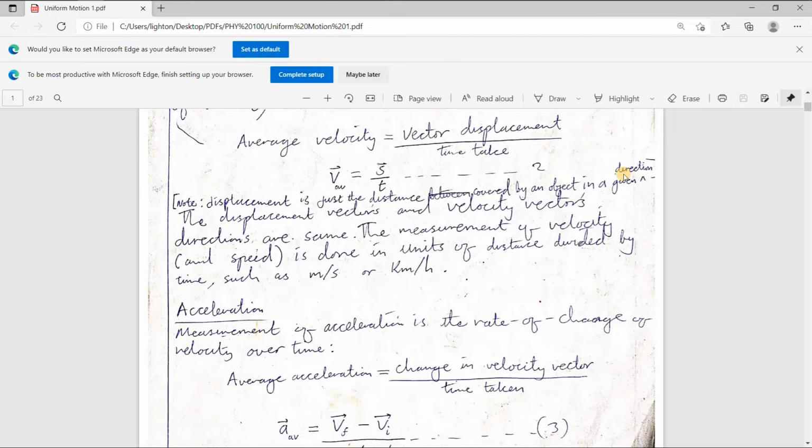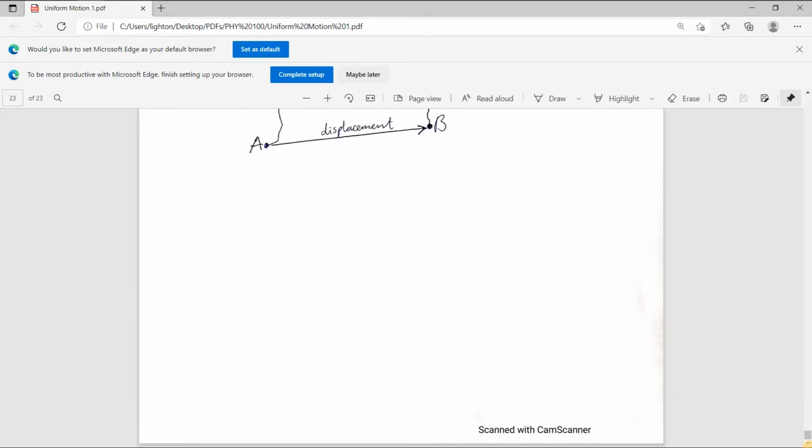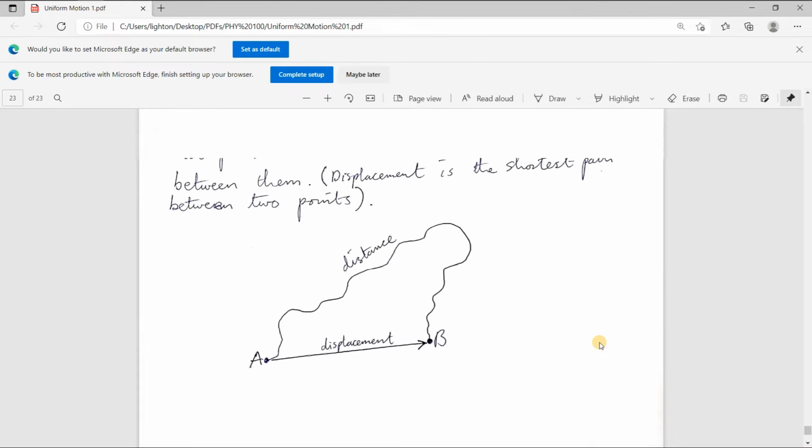Let's look at the difference between displacement and distance, because some students get confused between the two. Let's just go down here where I wrote the difference.